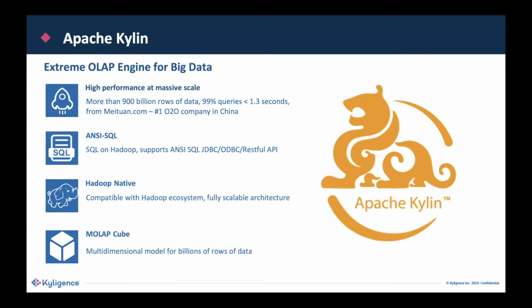Since the data is calculated in advance and stored in the cube, when a query occurs, there's no need to scan a large amount of raw data for online calculation, which greatly speeds up the query performance. With the principle of using space for time, it provides extremely high query performance.